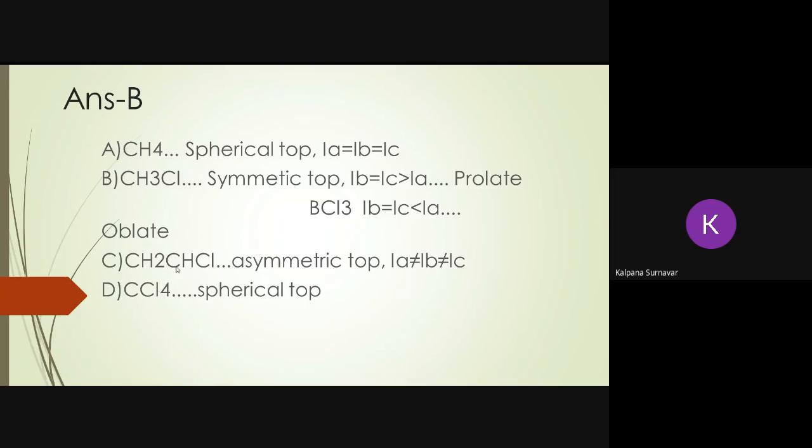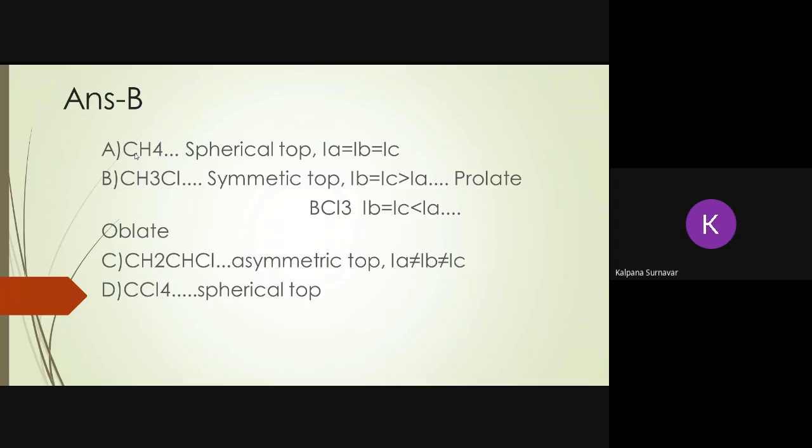Next, option C is CH2CHCl, which is an asymmetric top. Another example of this is the water molecule. For asymmetric top molecules, IA is not equal to IB, and this is not equal to IC. The last option is CCl4. Again, this is an example of a spherical top, where all the moments of inertia are equal: IA equals IB equals IC.